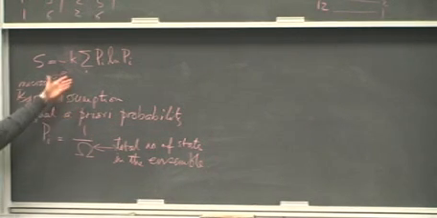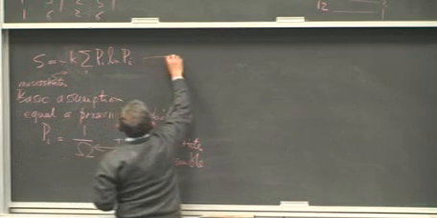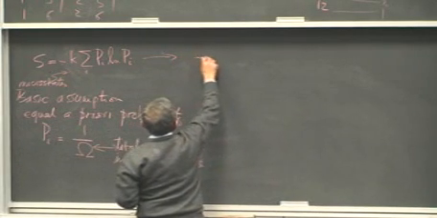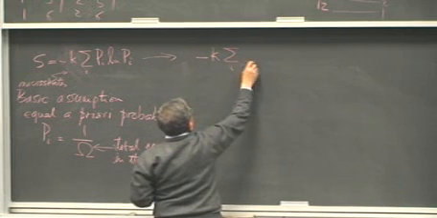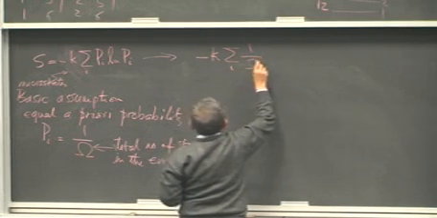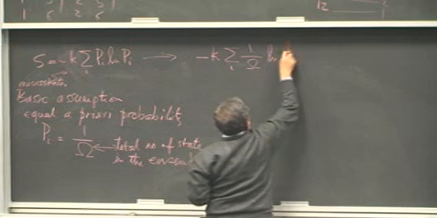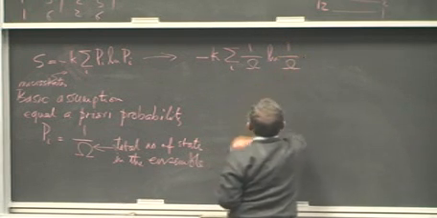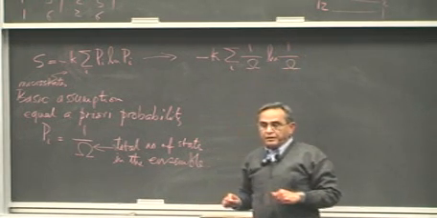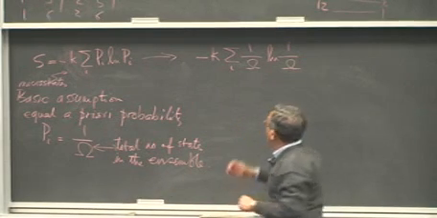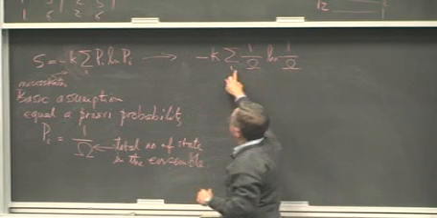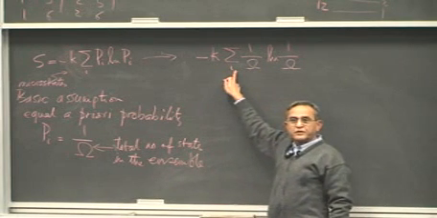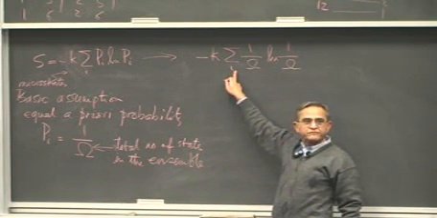And if I substitute this in this expression, I will get minus k and then sum over I and then 1 over omega and then log of 1 over omega. Now there is nothing being summed over I, so I can perform this summation.